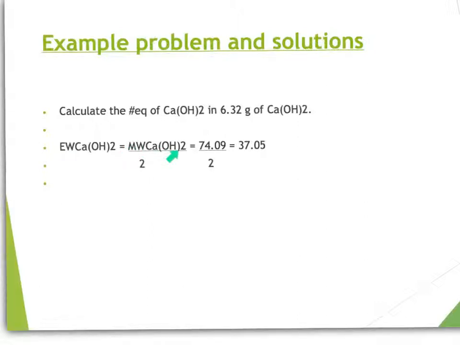That's going to be 1 calcium, 2 oxygens, 2 hydrogens. The weight from the periodic table is 74.09. We have 2 hydroxides present, therefore we divide the 74.09 by 2, and we have an equivalent weight of calcium hydroxide of 37.05.